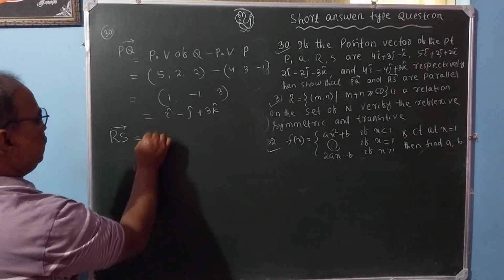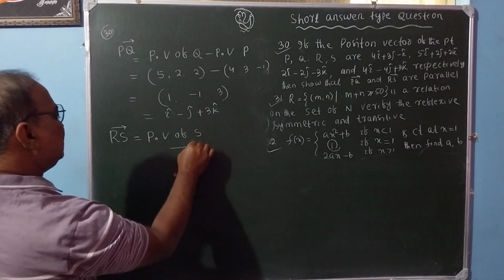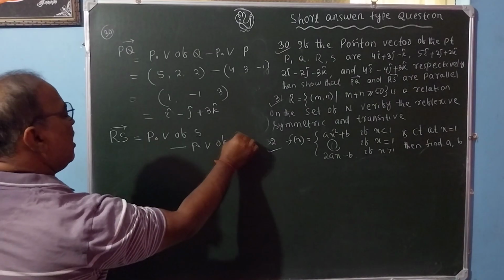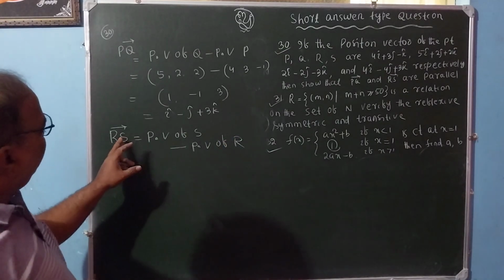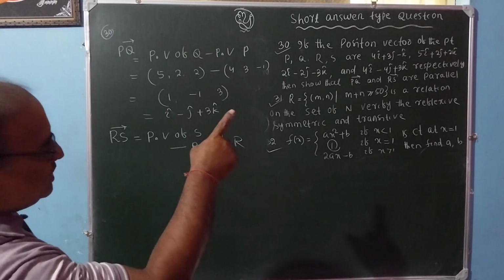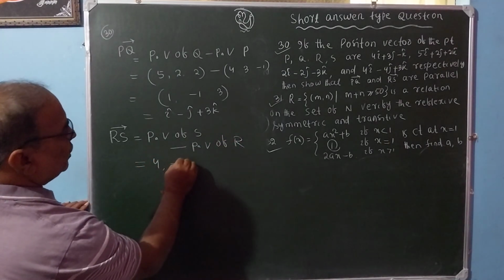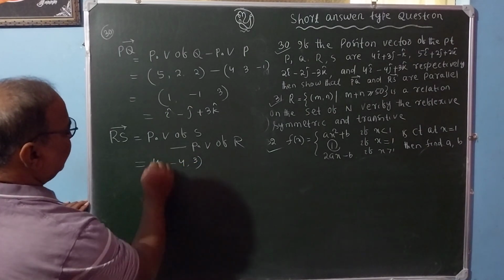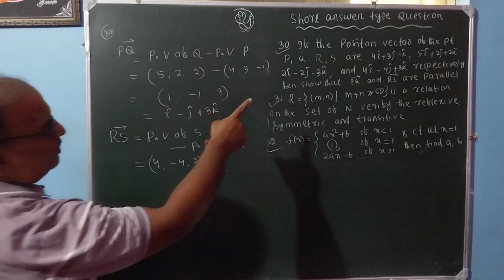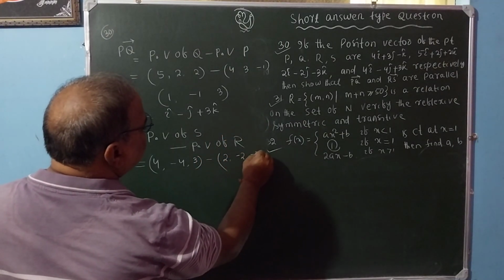Now we have to find the RS vector. RS vector means position vector of head S minus position vector of tail R. The position vector of S is 4, minus 4, 3 minus the position vector of R, which is 2, minus 2, minus 3.